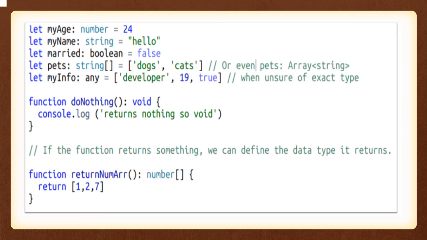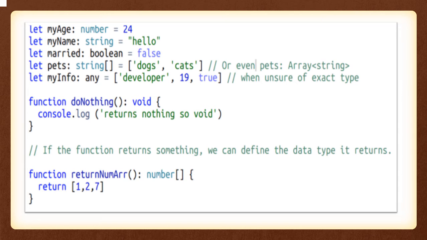Let my info. If you are getting the details about any user, we will ask what is your first name, last name, age, address, pin code, phone number. Here first name, last name and address are string type, and phone number and age are number type. Whether married or not is of boolean kind.